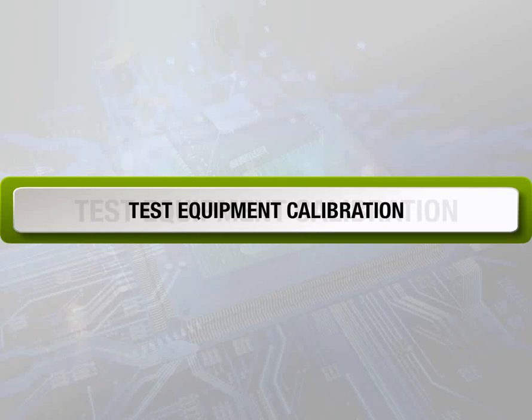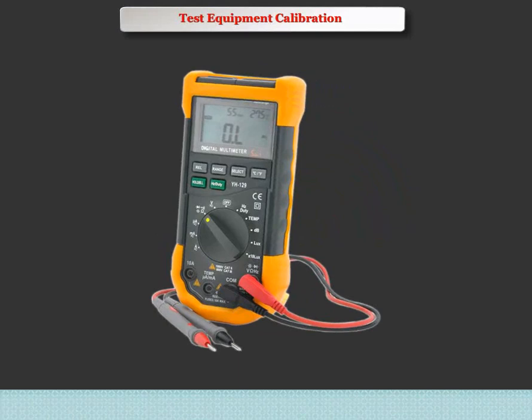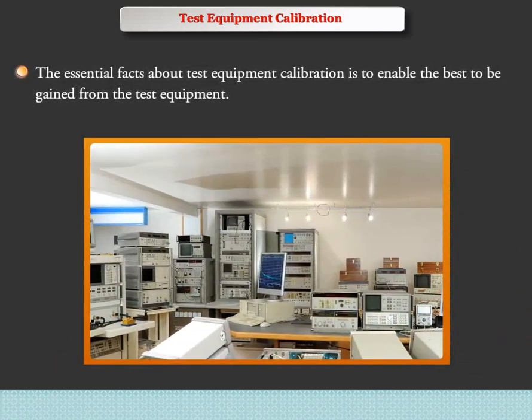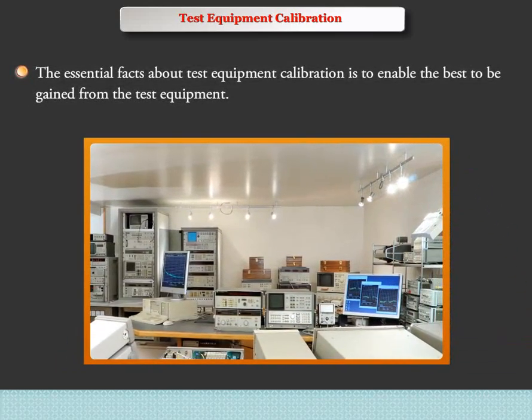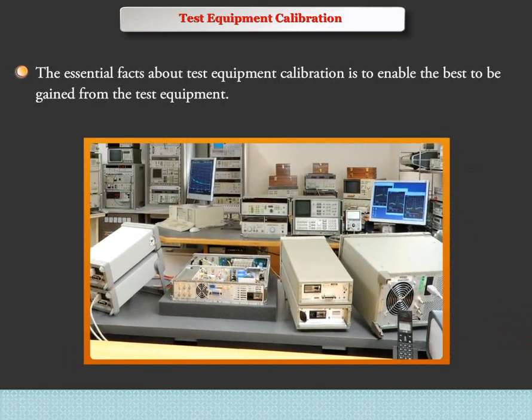Test equipment calibration. In this video, we are going to see about test equipment calibration. The essential fact about test equipment calibration is to enable the best to be gained from the test equipment.